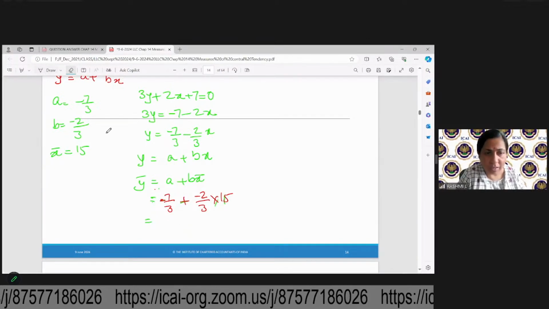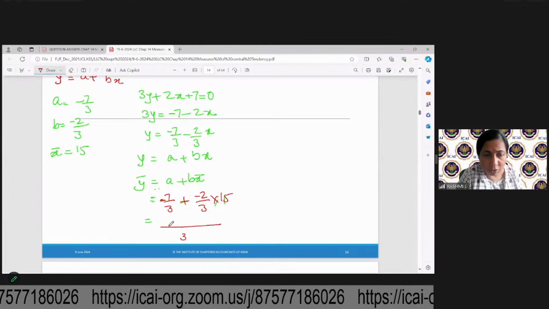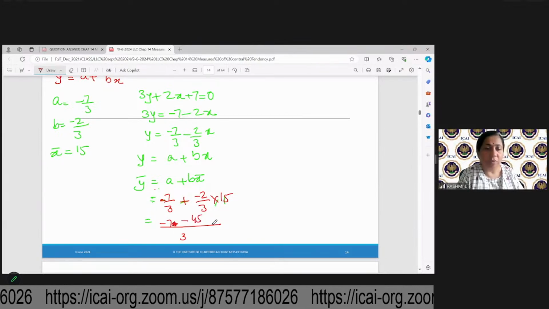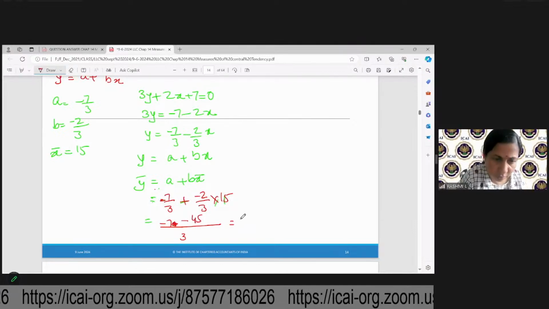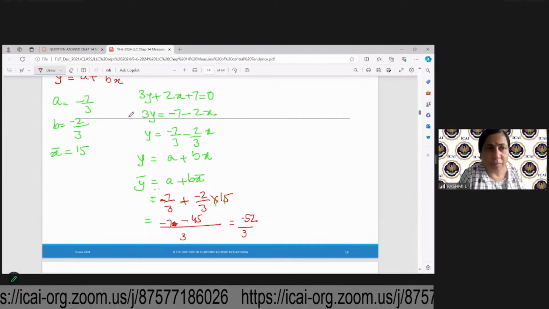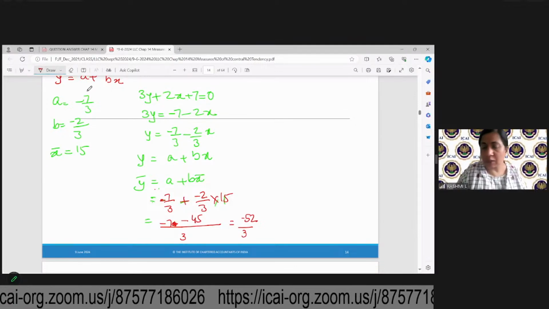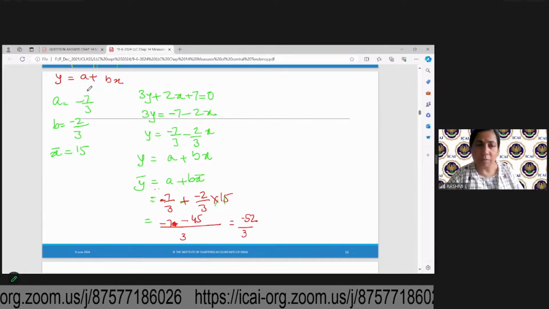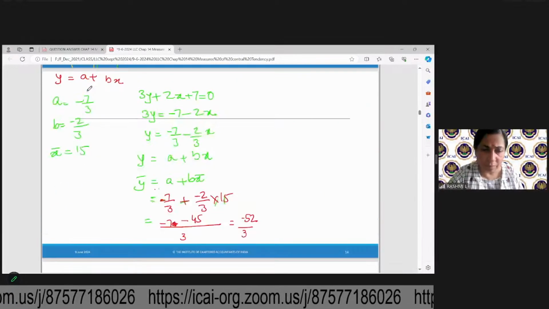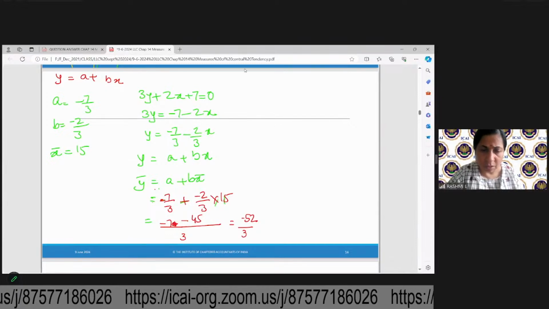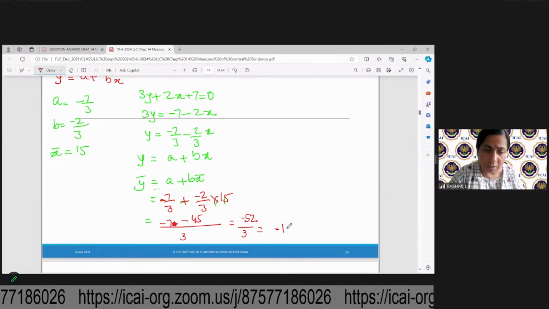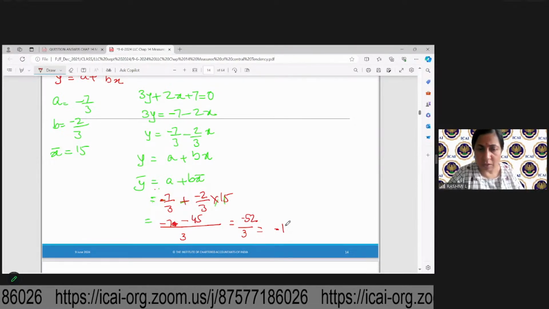So I will take the LCM. LCM will be equal to 3. This is equal to minus 7 plus minus 45, which is equal to minus 52 upon 3. Is that clear? Yes, please put in the chat box whether or not you have understood.